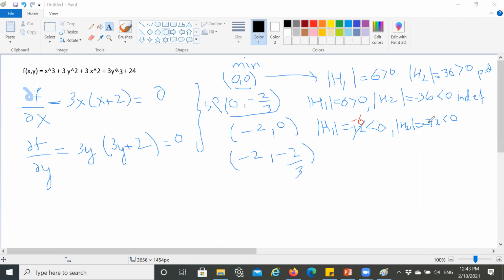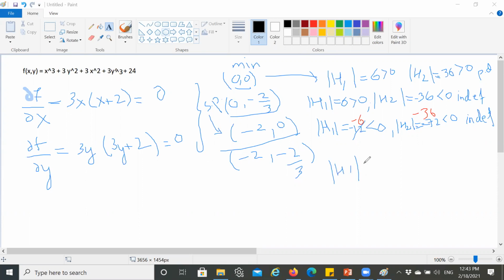Anyways, both of them are less than 0. Which condition does it satisfy? Indefinite. So this would also be indefinite, and therefore, this would also be a saddle point. The last one.